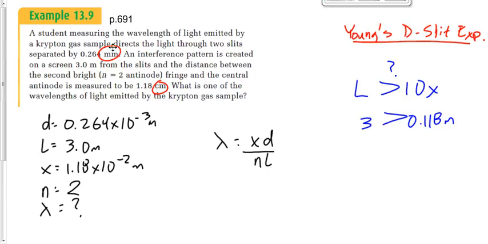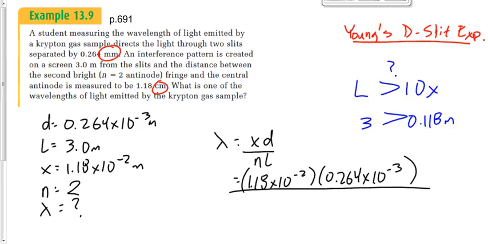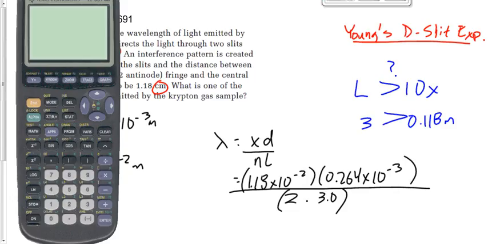So let's try it. We've got 1.18 times 10 to the minus 2 times d, which is 0.264 times 10 to the minus 3.